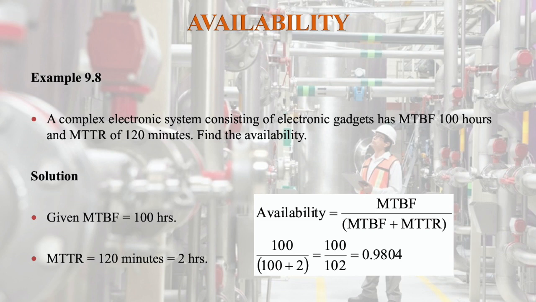Then availability is equal to mean time between failures divided by mean time between failure plus mean time to repair, that is equal to 100 by 100 plus 2, that is equal to 100 by 102, that is equal to 0.9804. So 98% availability is there in the system. So that is the availability calculation.